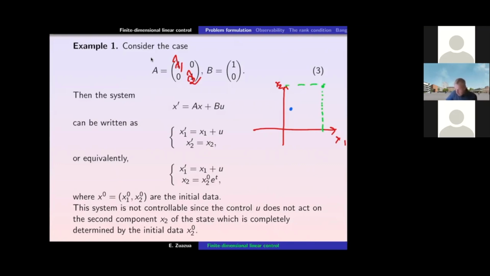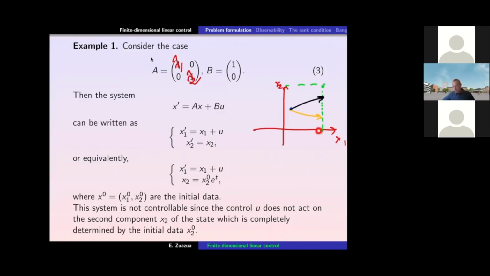So maybe I will reach here, or maybe I reach there, right? I can only control the X1 component of the system. So I will get to this vertical line. But I can never guarantee that I will be able to get to the point you wanted.